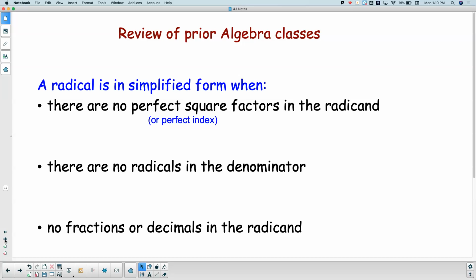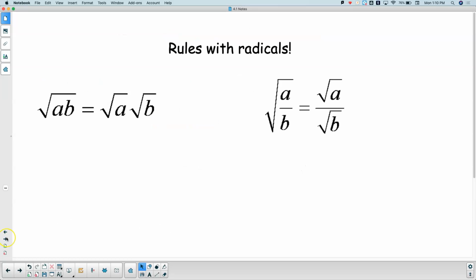Now, there are two rules that we live by. Those are our conditions; the rules that we have to work with are these two. If I have the square root of a times b, I can write that as the square root of a times the square root of b. If I have the square root of a divided by b, that's the square root of a divided by the square root of b.